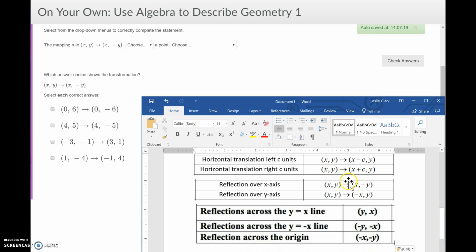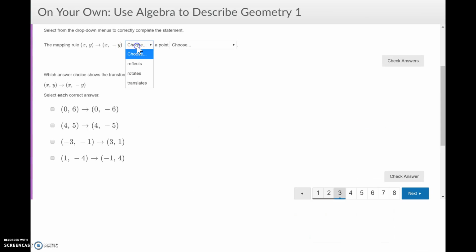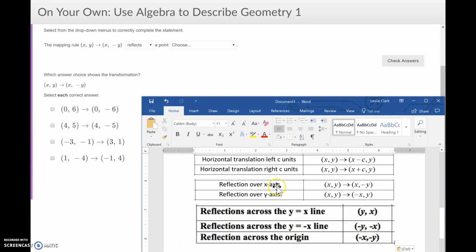So the reflection over the x-axis, x stays the same and y becomes the opposite. So remember that negative doesn't necessarily mean always negative. It just means the opposite. So this is a reflection, and it was over the x-axis.